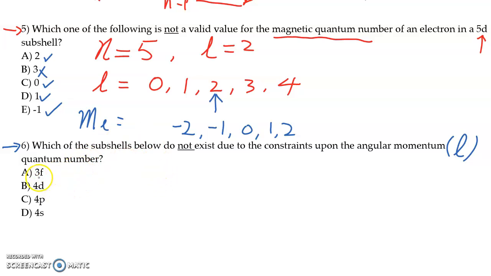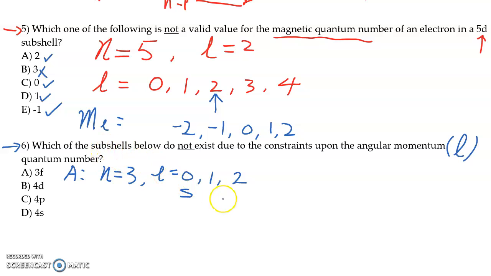Let's look at A over here, when n equal to 3. So what are the possible L? So L can be equal to 0, 1, and 2.